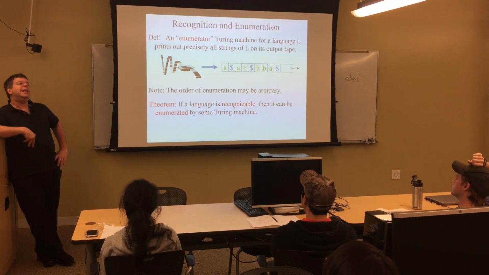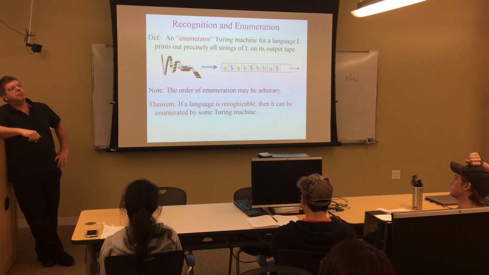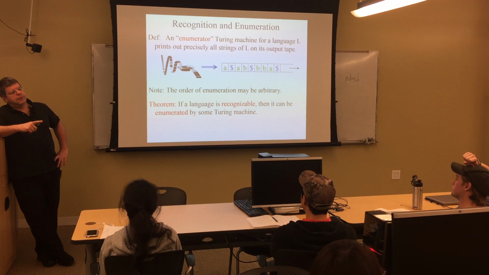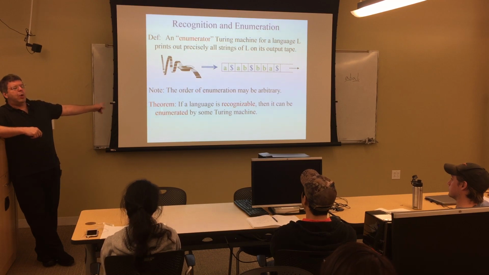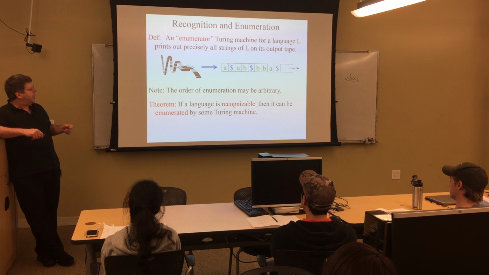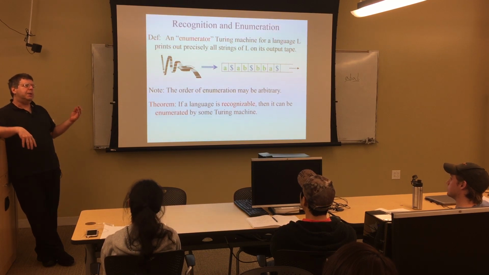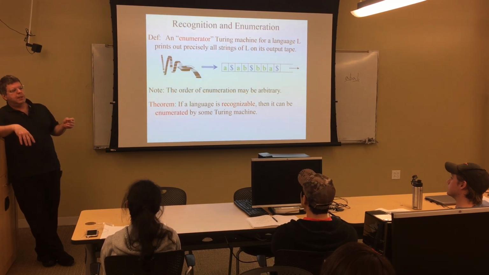I'm trying to build from it something that lists all the yes instances, like prime numbers. So I generate all sigma star in a tight loop, and each one of those I run the recognizer on. If the recognizer says yes, I print it out. But if the recognizer says no, I move on to the next one.